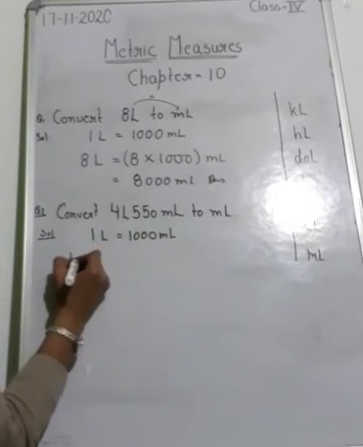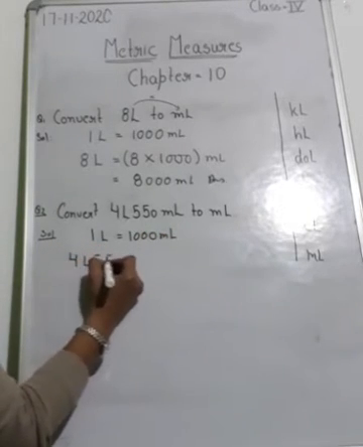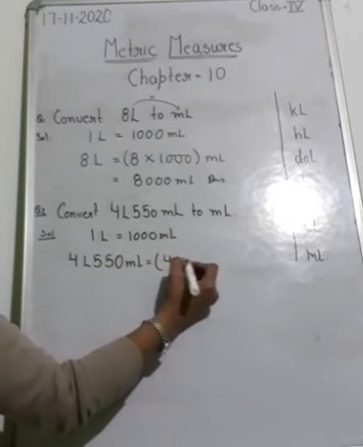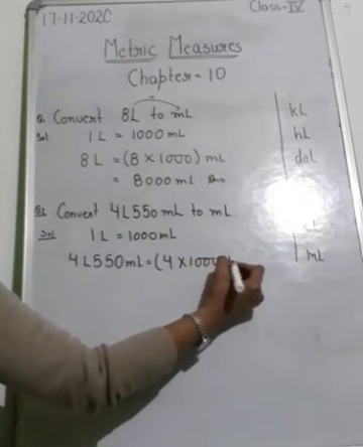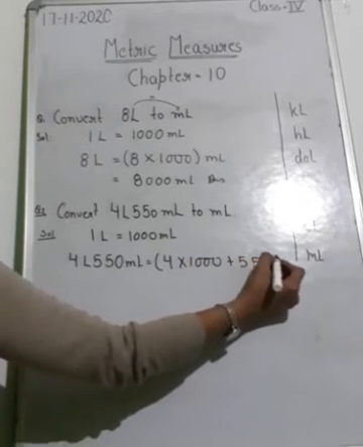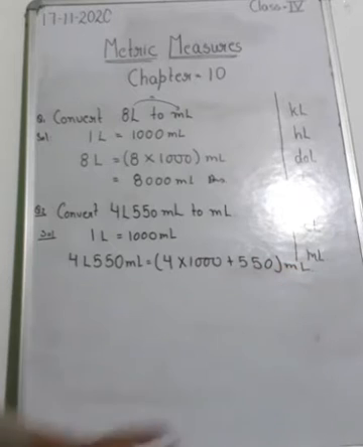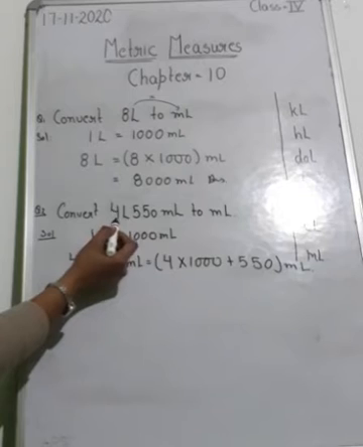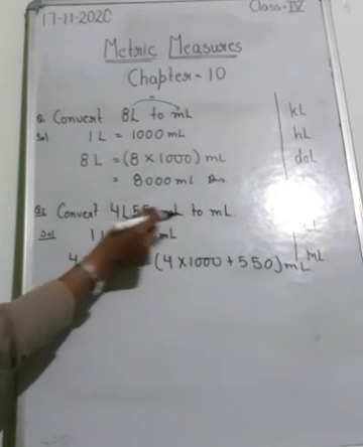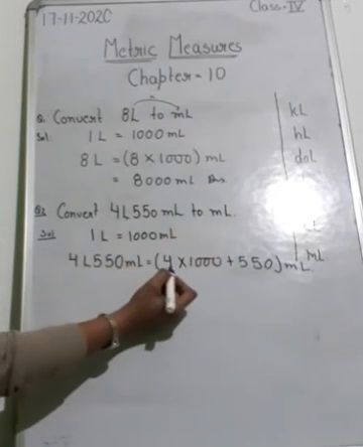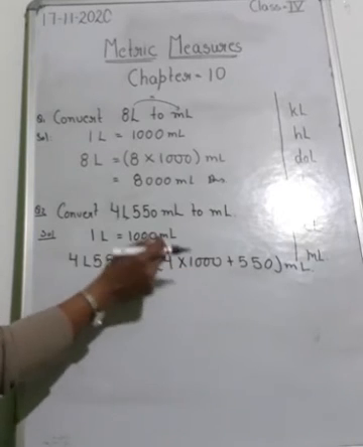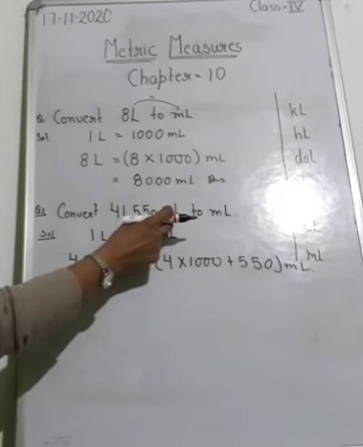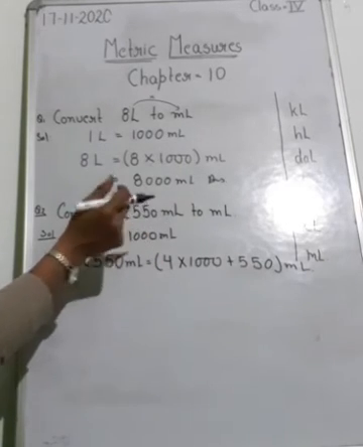Now next line, 4 liter 550 milliliter is equal to 4 into 1000 plus 550 milliliter. Clear? Why have I multiplied this 4 into 1000? Because 4 is in liter and I have to convert this liter into milliliter. So I have multiplied this 4 with 1000, and why have I added this 550? Because 550 is already in milliliter. So it must be added to this 4 liter.